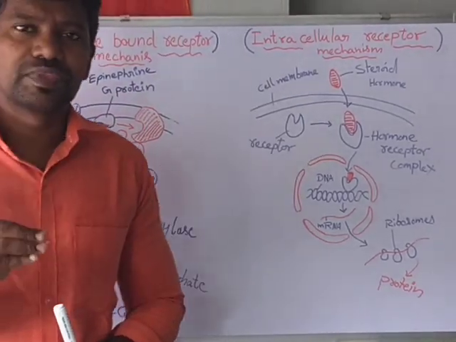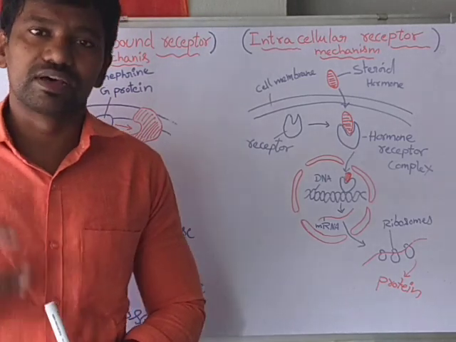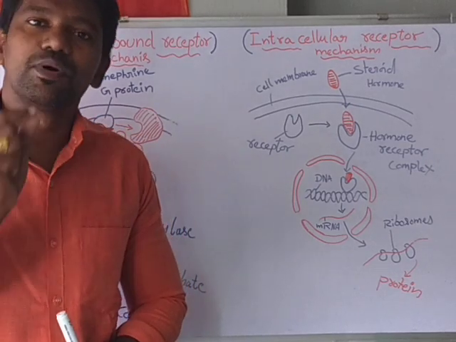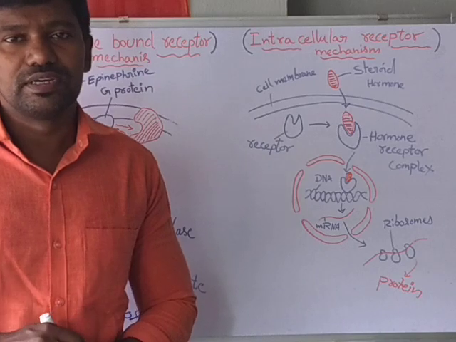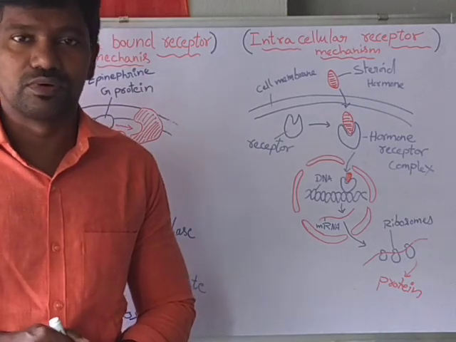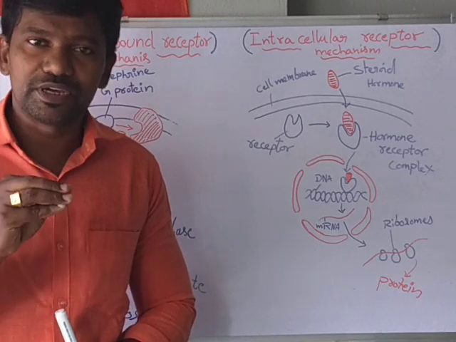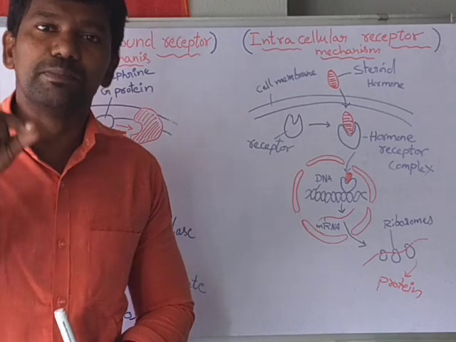Likewise, based on the nature of the hormones, the receptors that receive them are also of two types: membrane bound receptors and intracellular receptors. Membrane bound receptors are the receptors bound on the cell membrane.